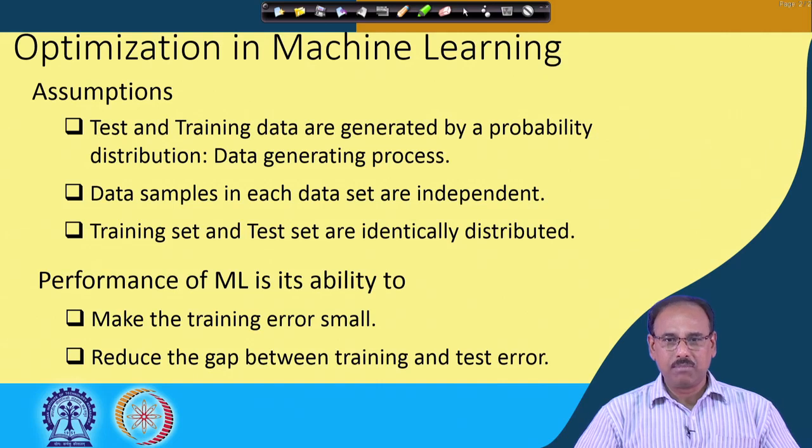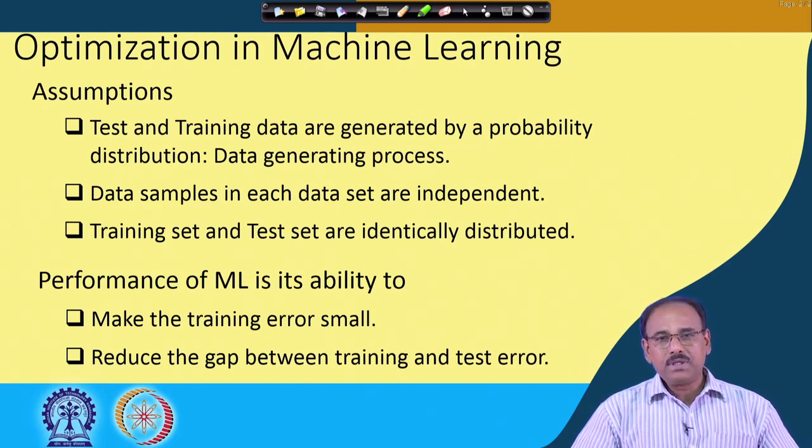That is, one sample or one vector is independent of the other vector. And we also assume that the training set and test set are identically distributed. So, the distribution of the training set and the distribution of the test set are identical, and that is what is known as the IID assumption, that is, independent identically distributed data.